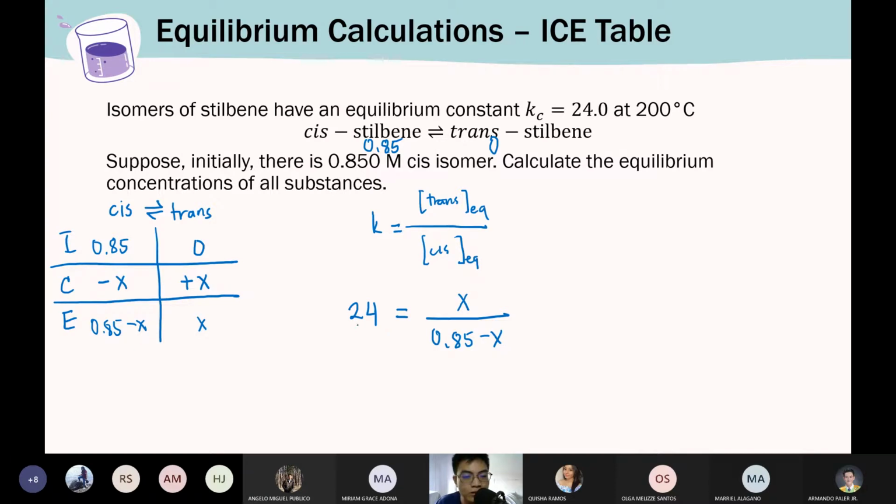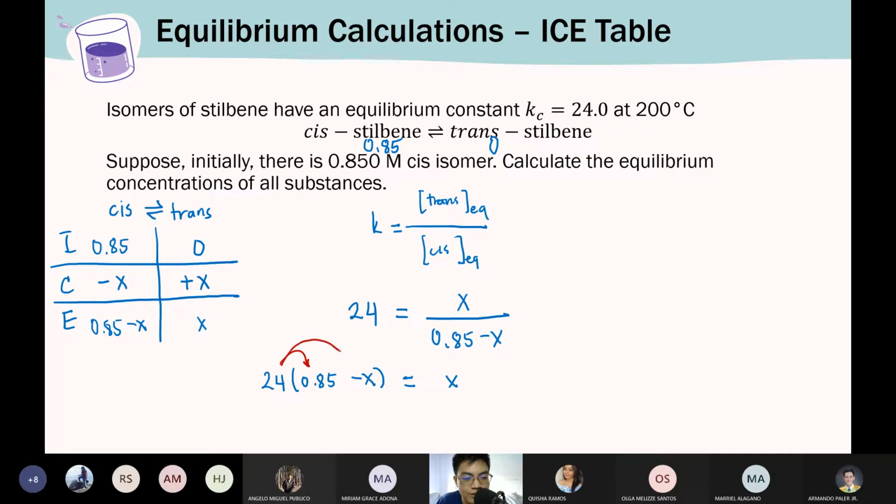You cross-multiply the denominator. So that will be 24 times 0.85 minus x. And then what do you do? You distribute. By the way, I will teach you a shortcut. Chem won't go away if there's no shortcut.